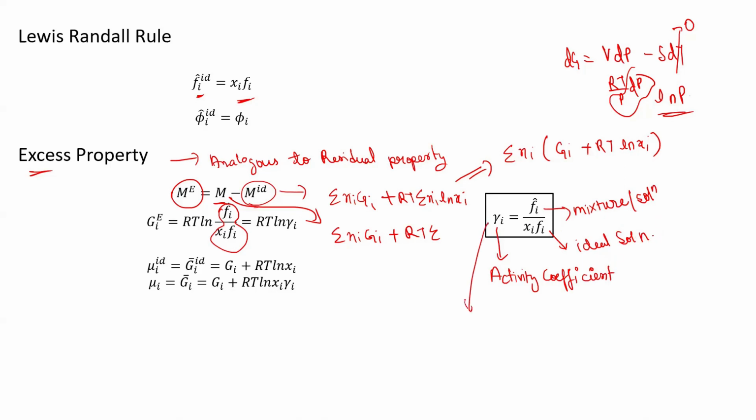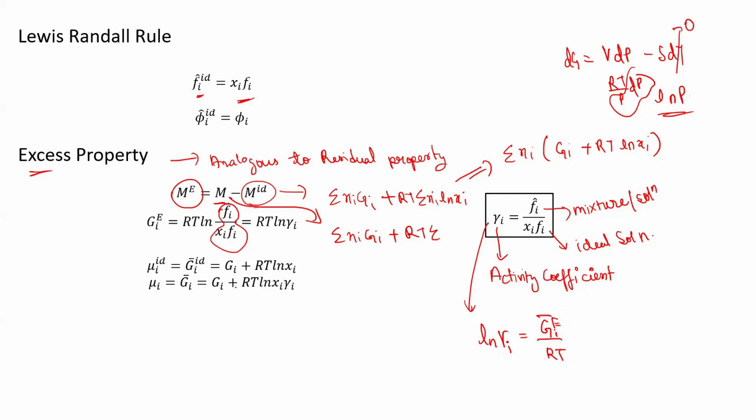So this helps us to understand that ln gamma is equal to GE by RT. Sorry, ln gamma I is equal to GIE bar.